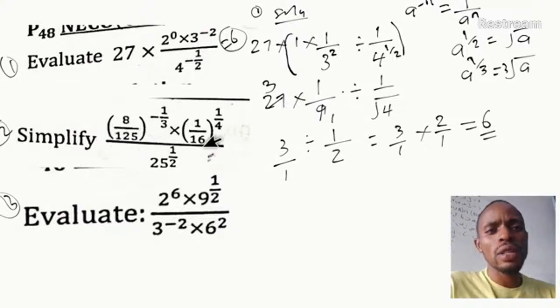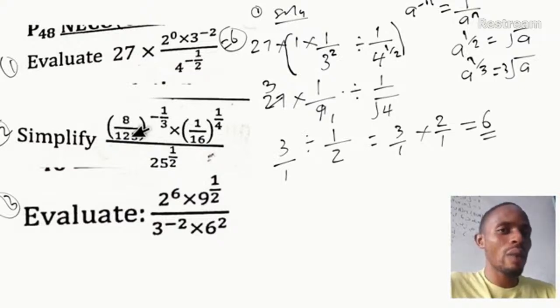Solving this question 2 is almost like question 1 we solved there, but this one is a fractional index, this one is a negative index, this one is a fractional index. So how do you solve a question like this? So let's put it here, let's expand this one out. Here we have this minus, it will affect, according to the law of indices that I gave you that time, these brackets, whereby this minus here is to have an effect on this bracket.